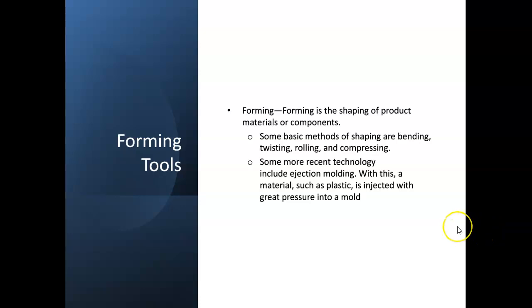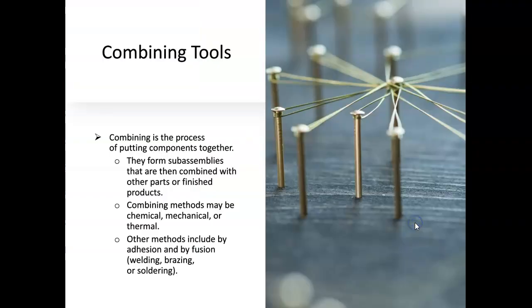If we talk about bending, you guys have had some practice now using the brake, and of course we use that brake to bend or twist material into the shapes that we want. Combining tools are where we're putting different components together. These can be chemical, mechanical, or thermal.